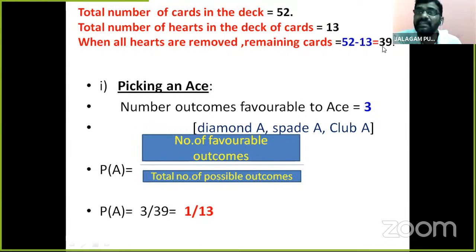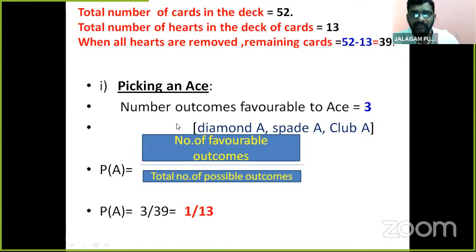That's why P of A is equal to 3 by 39. 3 by 39, 3 one is 3, 3 thirteen is 39. So the probability of picking an ace is what here? 1 by 13.